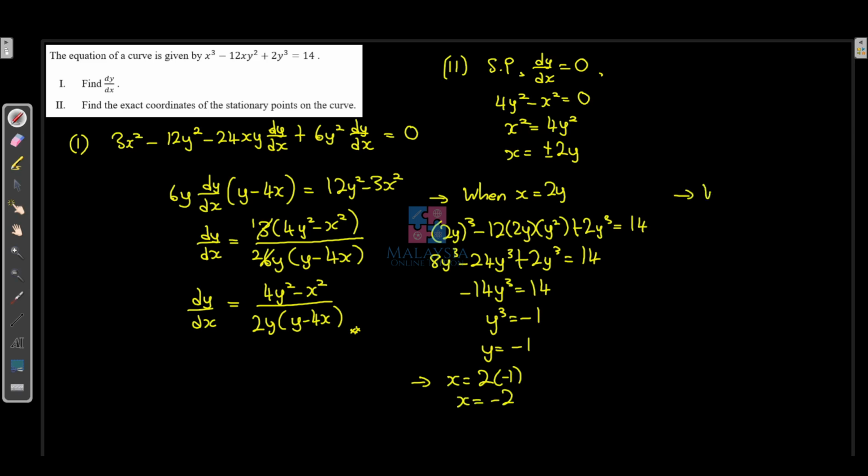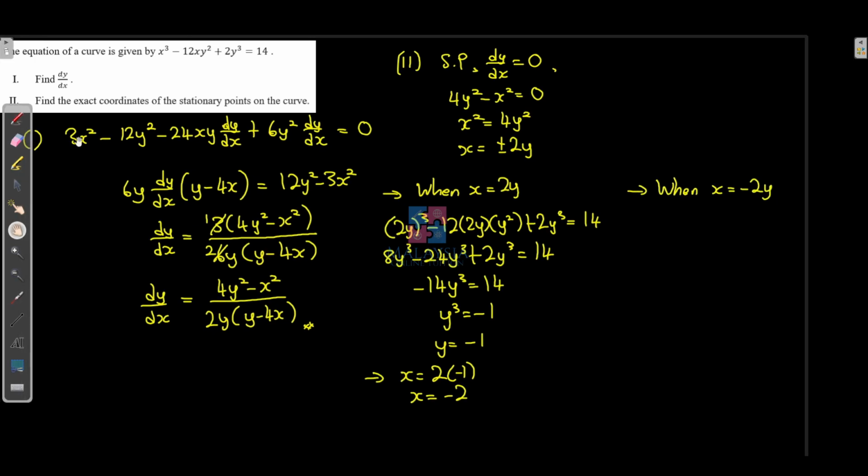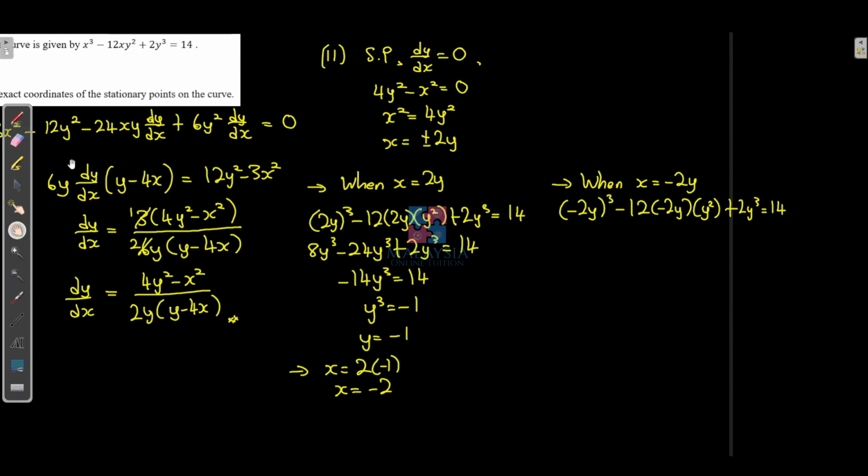So for the next stationary point, when x equals negative 2y, we do the same thing. So negative 2y cubed minus 12 times negative 2y times y squared plus 2y cubed equals 14. So negative 8y cubed plus 24y cubed plus 2y cubed equals 14.